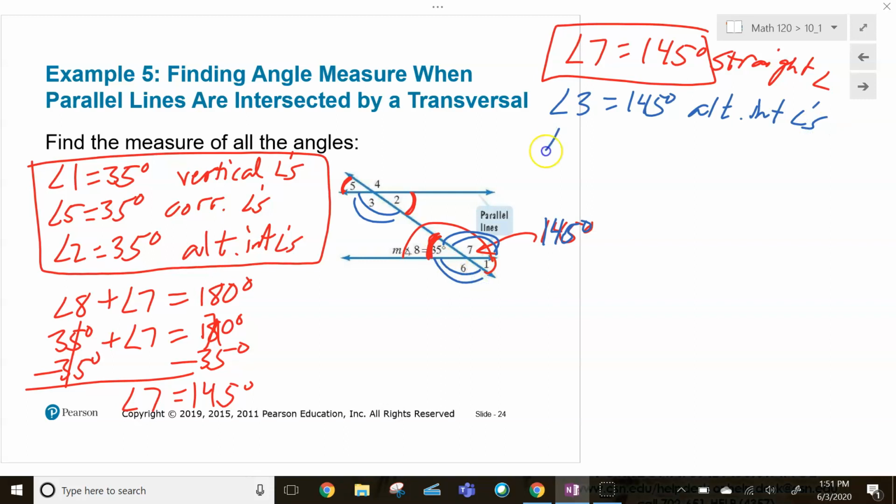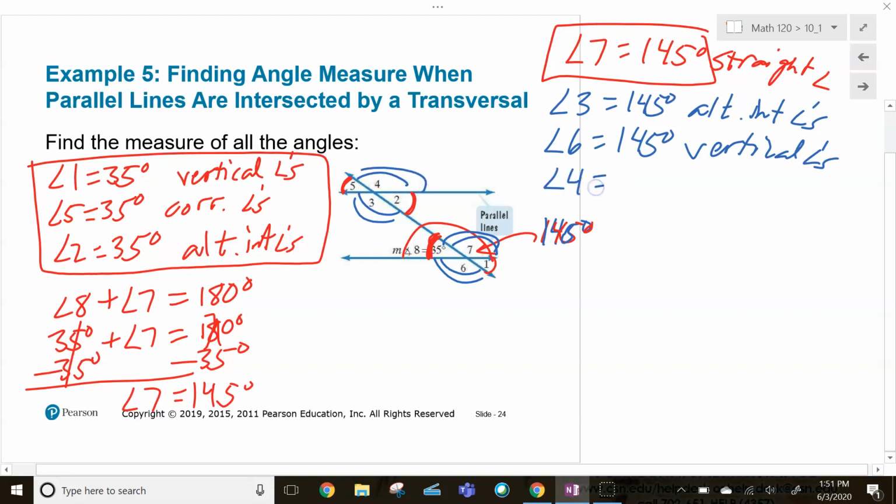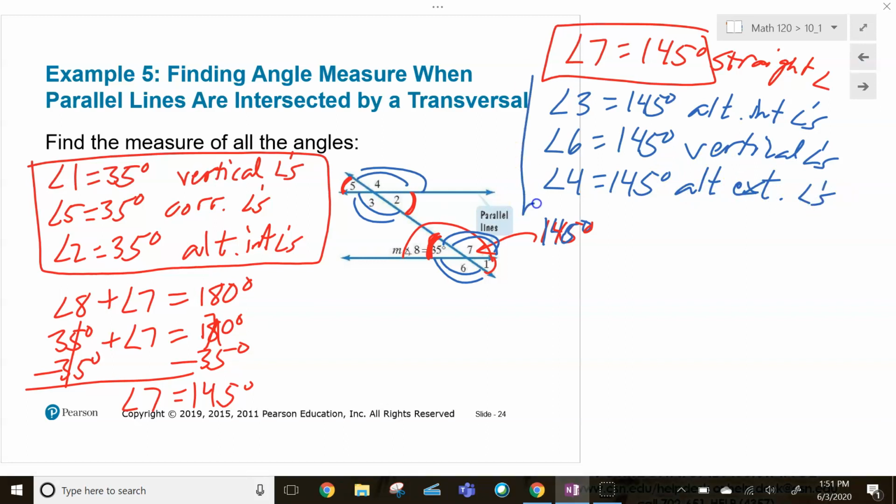Angle 7 and angle 6 are the same, vertical angles. And angle 6 and angle 4 would be the same. That's alternate exterior angles. It looks like we found them all.